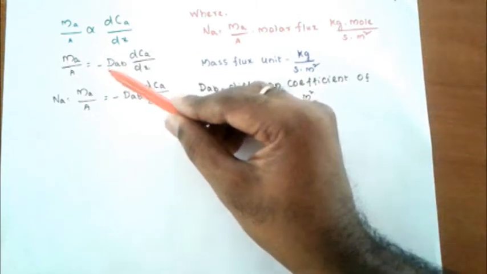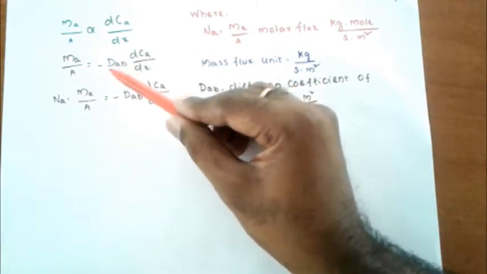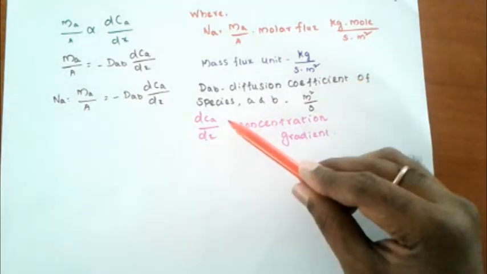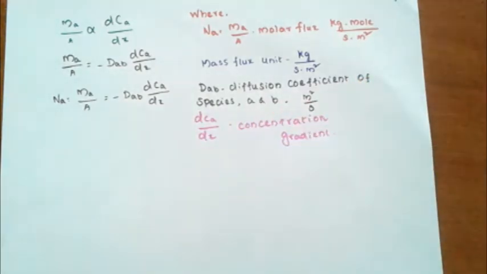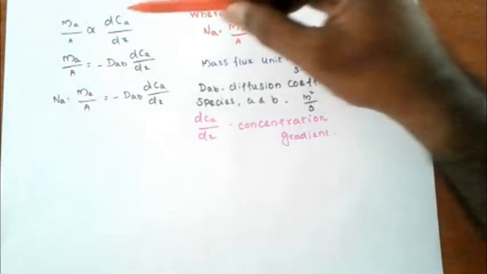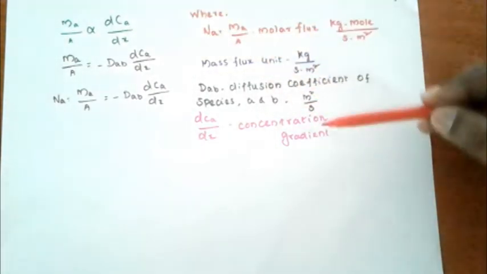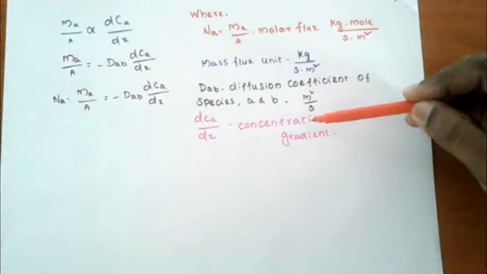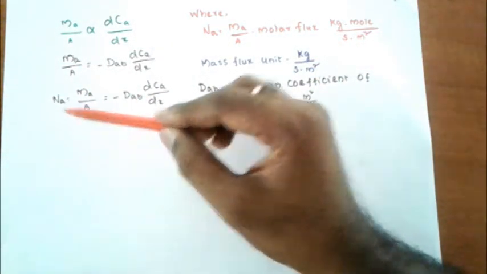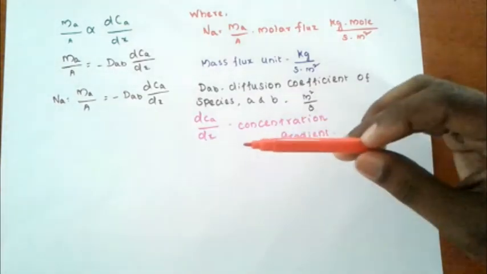It is equal to minus D_AB, where this constant is the diffusion coefficient of species A and B, in terms of meter square per second, and dC_A by dx is the concentration gradient. This M_A by A is also given by N_A. This is called Fick's law of diffusion.